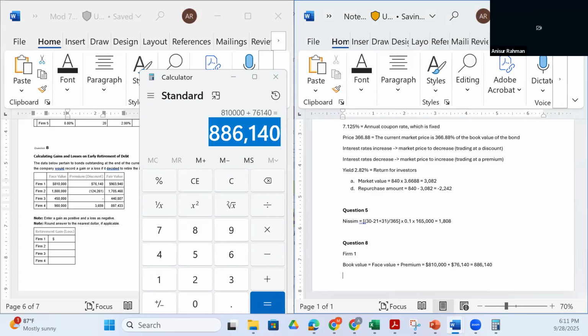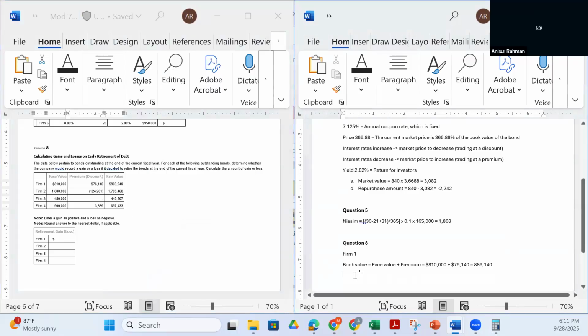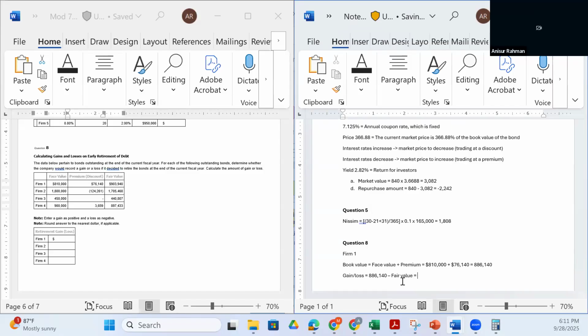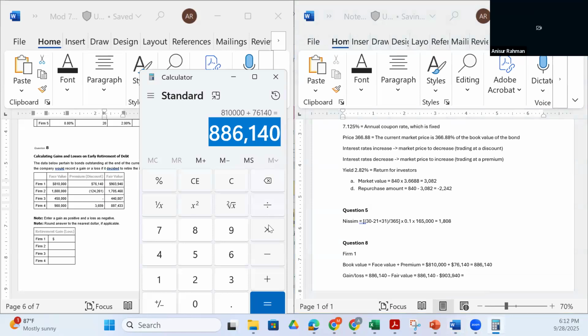Now what we have to do to find out gain or loss, we take this amount, the book value, and subtract the fair value. Fair value is the market value. So this minus that, 17,800.